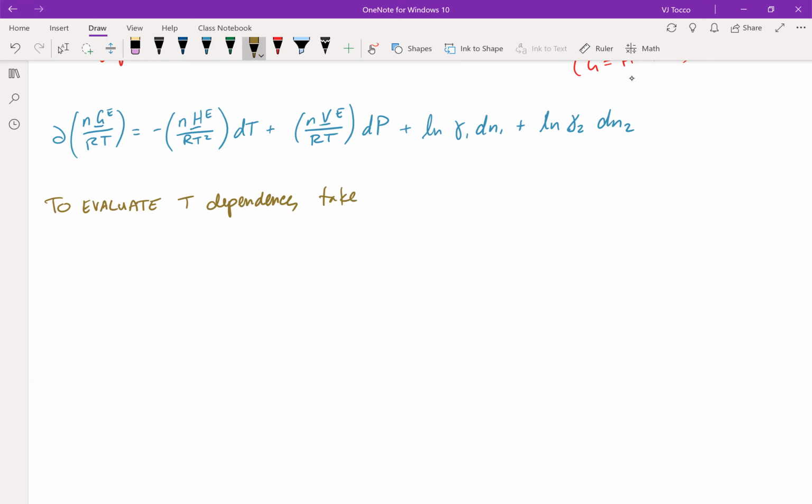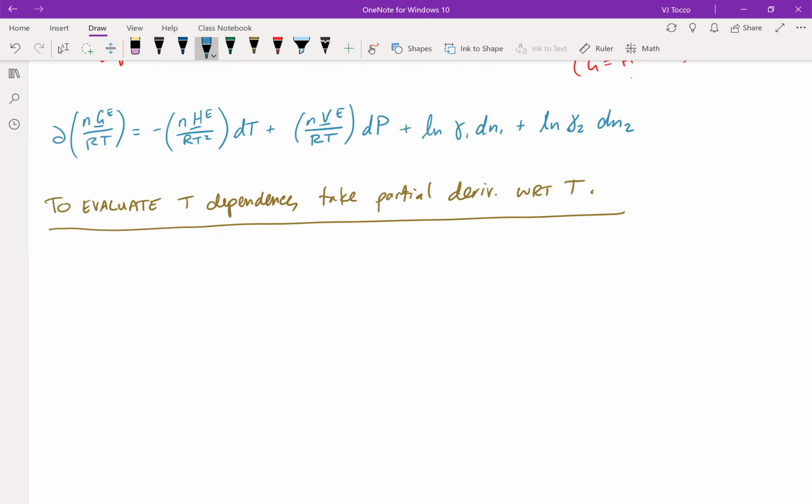We'll do the same thing for pressure in a moment. So we say d of NGE over RT, d dT, at constant pressure, N1 and N2.